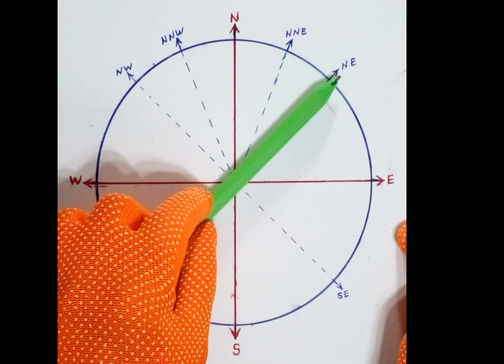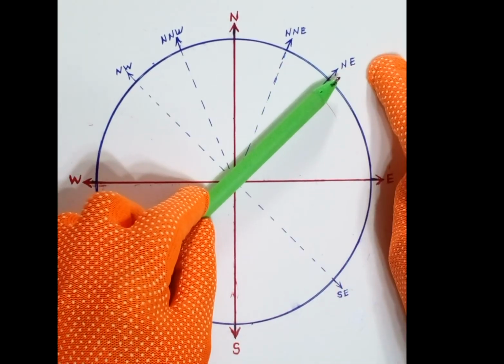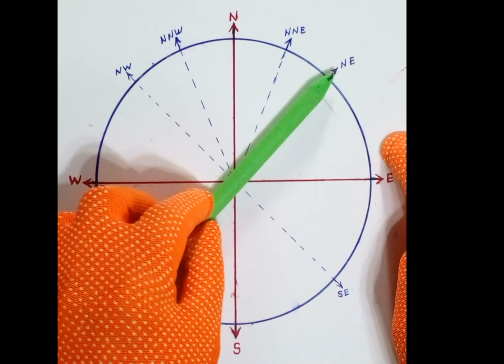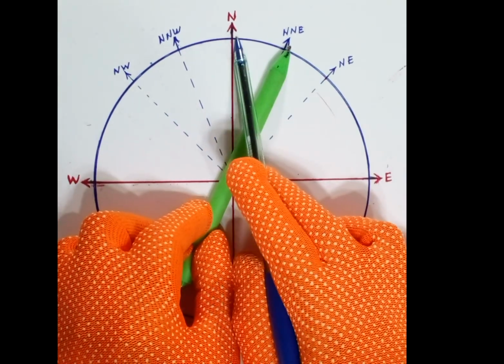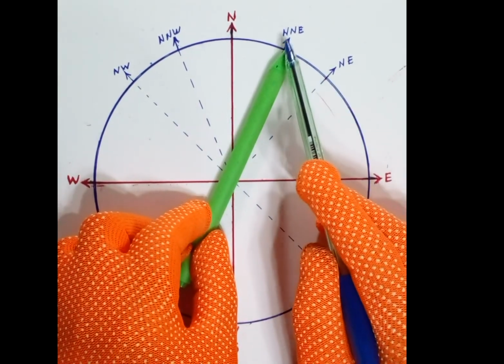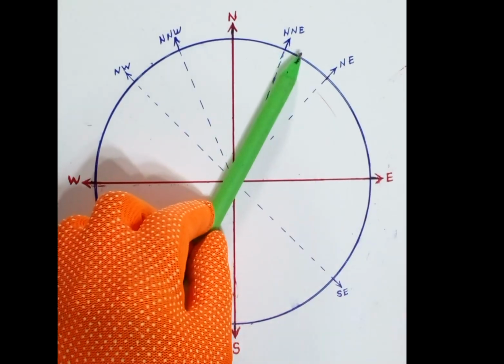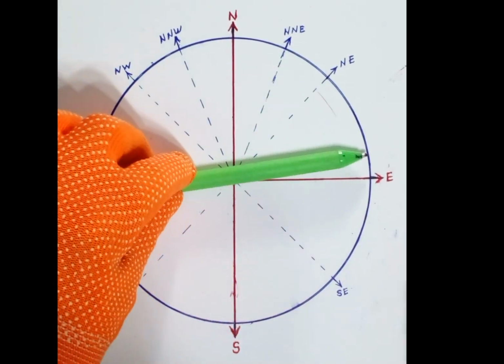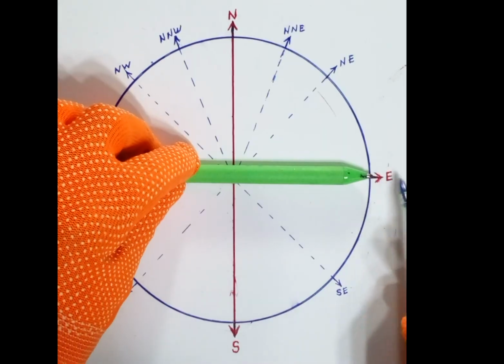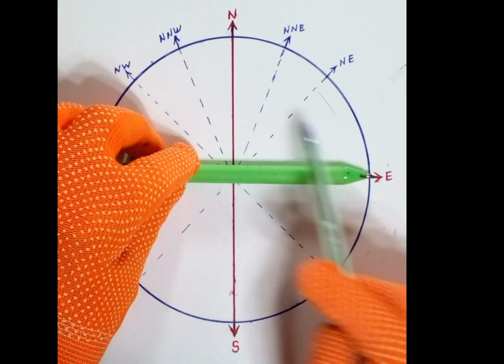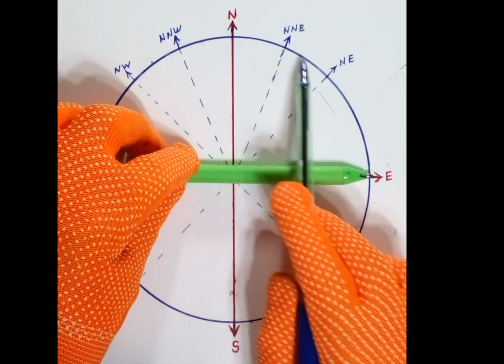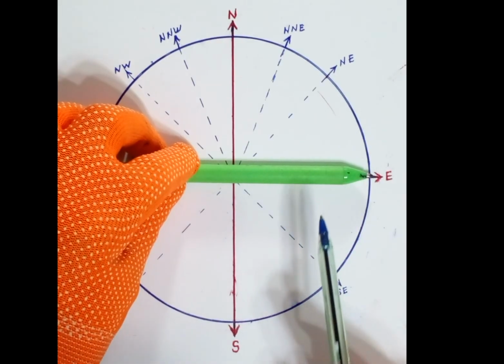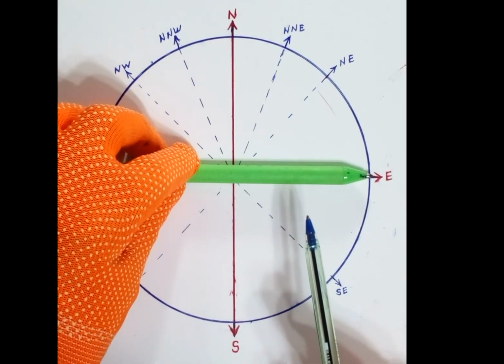Halfway between north and east, you will be facing northeast. Before that, however, halfway between north and northeast, you will be facing north of northeast. If you keep rotating like that until you are facing this direction, that is east, you would have changed direction 90 times. Each direction is called a degree.